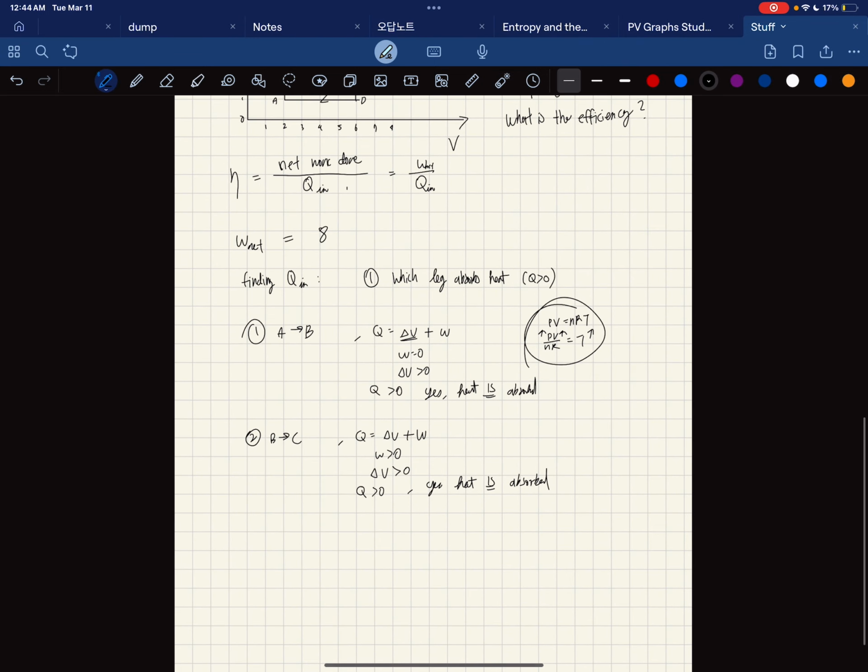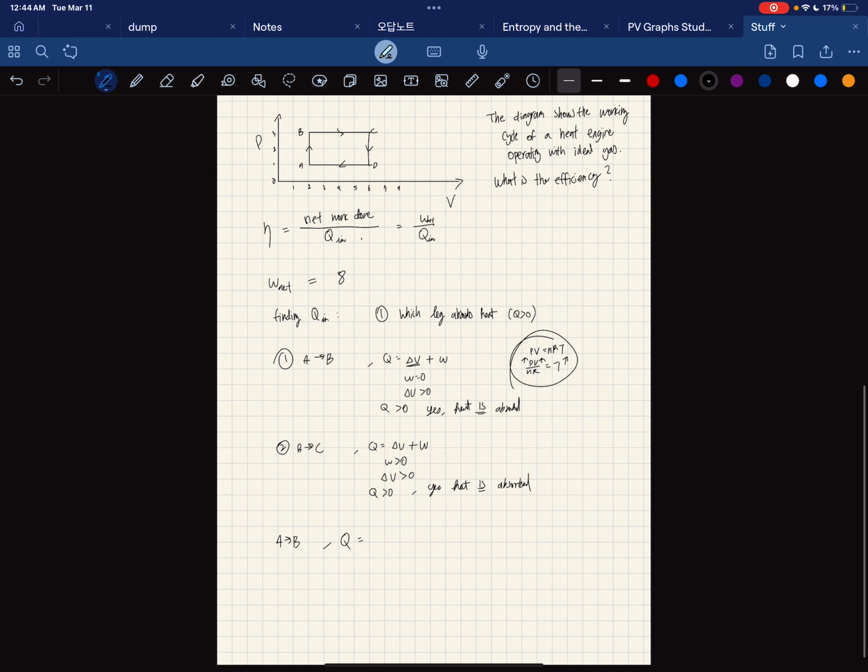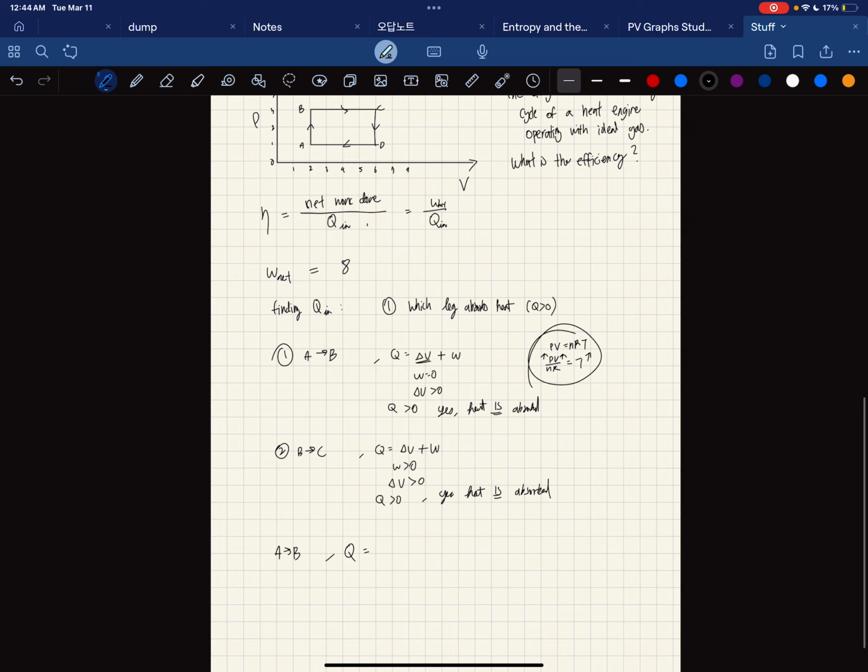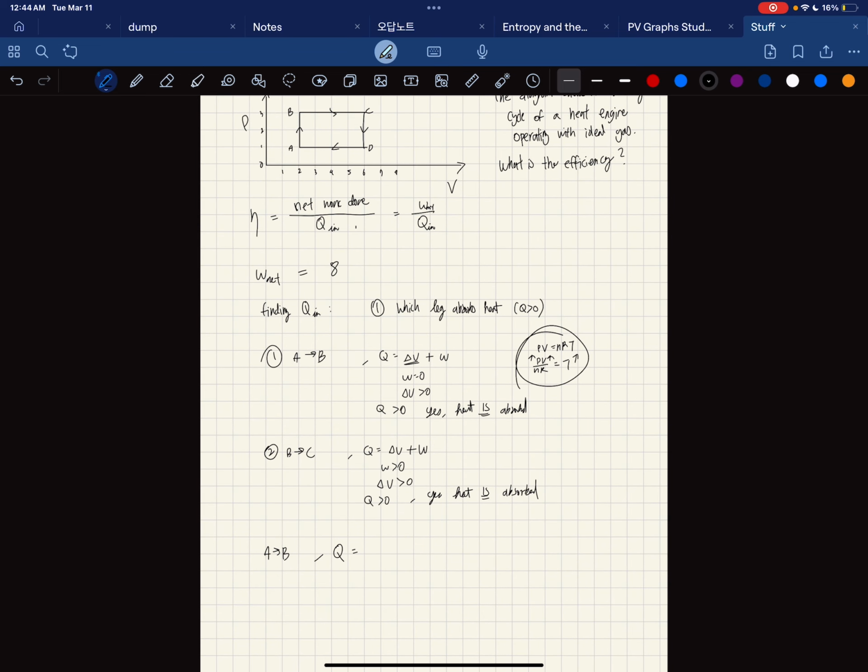Alright, now we just have to find the numbers. Let's calculate total heat transfer for A to B. I'm first gonna say that, again, there's no work done for A to B, so we just have to find the change in internal energy.